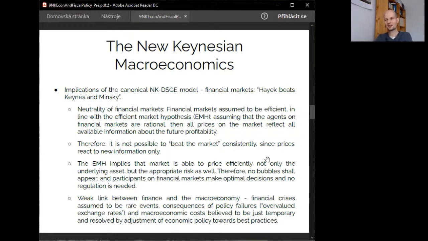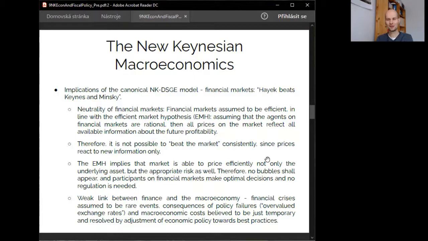This hypothesis states that if we assume that the agents on financial markets are rational, then all prices on the market reflect all available information about future profitability. Therefore, it shouldn't be possible to beat the market consistently, because prices are supposed to react only to new information.